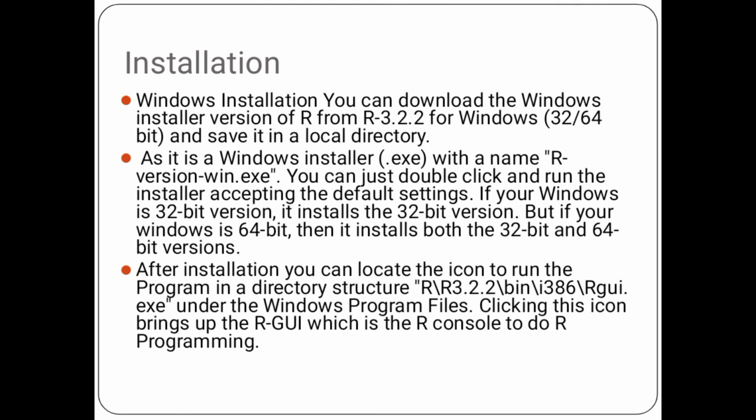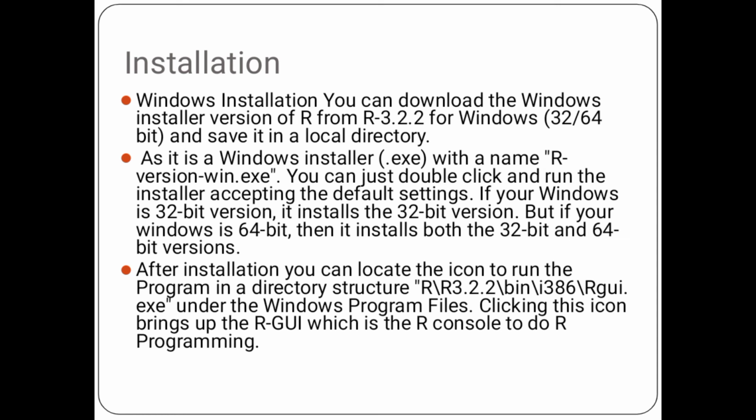If your Windows is the 32-bit version, it installs the 32-bit version. But if your Windows is 64-bit, then you can install both 32-bit and 64-bit versions.